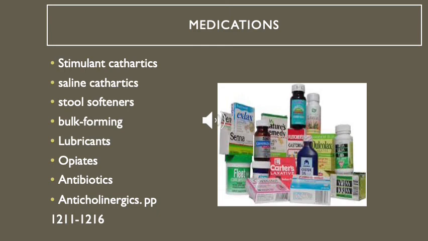So on page 1206, and this is in your fundamentals book, 1206, it's the normal and abnormal fecal characteristics, and it also gives you the parameters for looking at and assessing the color, the odor, consistency, and the shape and all of that. 1206 is in the fundamentals text, but this is also in the clinical skills book as well.